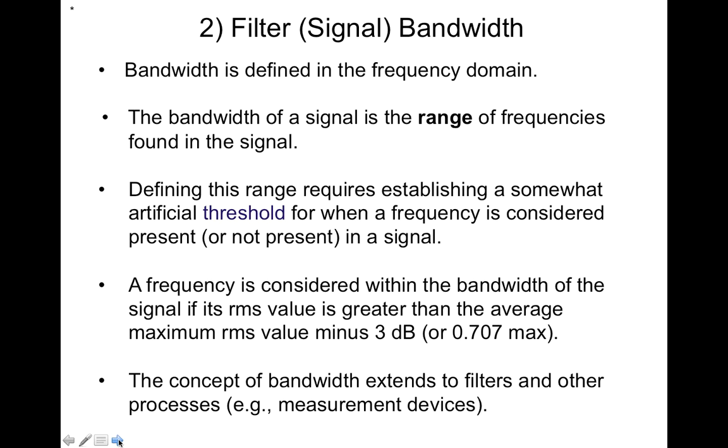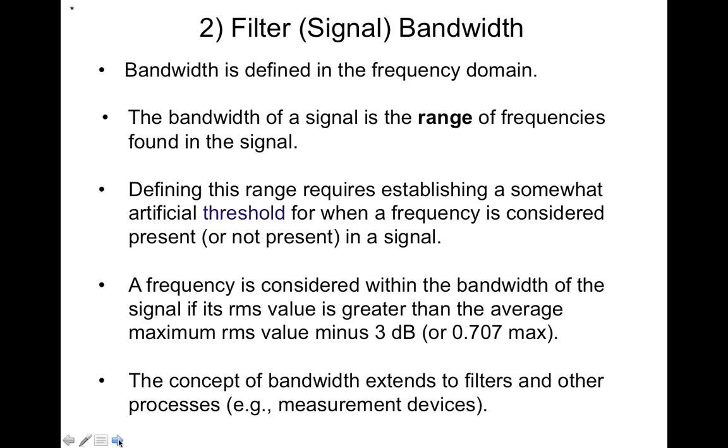So the next thing that defines a filter is its bandwidth. Bandwidth is defined in the frequency domain. The bandwidth of a signal is basically the range of frequencies found in the signal. So when we define this range, we have to figure out when it is or is not considered to be present. So basically, if the output over the input is greater than 0.707, then the frequency is considered to be within the bandwidth.